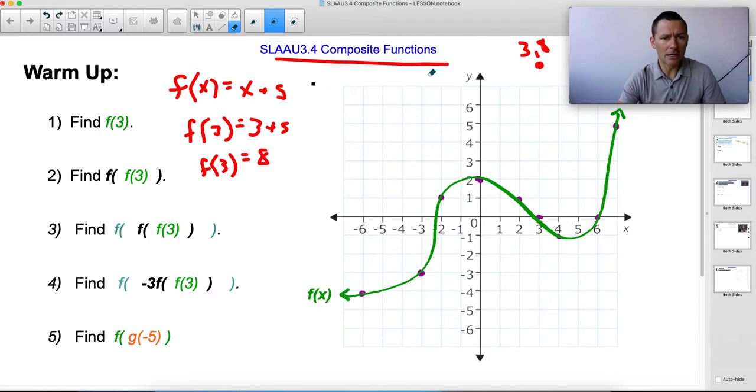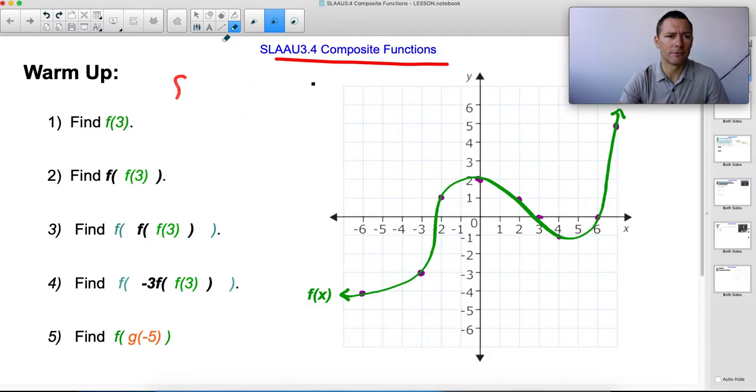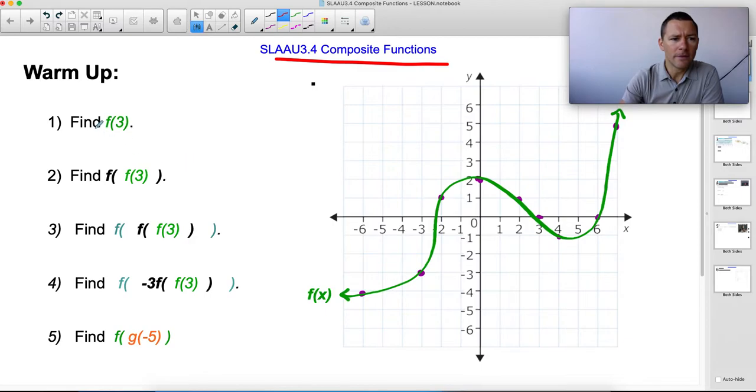Looking at the graph here, find f of 3: into the function I put 3, what did I get out? 0. So this is the point (3, 0), meaning f of 3 is 0.